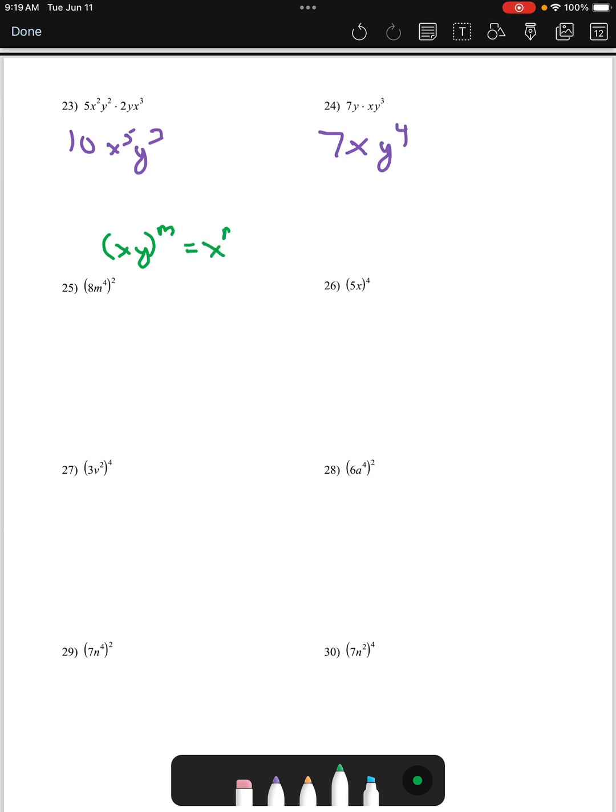So if you have two things being multiplied in parentheses, and there's an exponent outside those parentheses, we can distribute the exponent to everybody inside the parentheses. The other rule in this section is power to a power. So if we have x to the m to the n, we can simplify that as x to the mn.